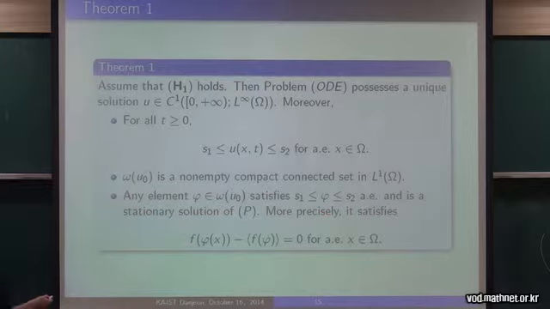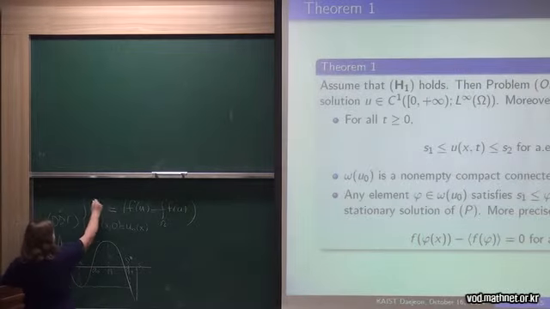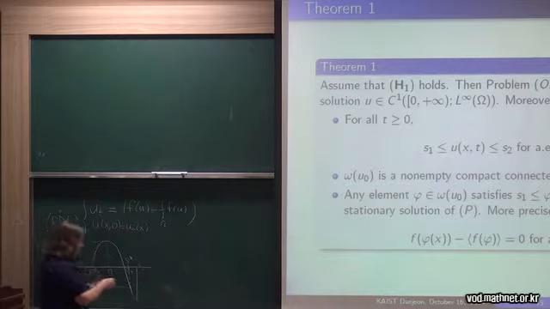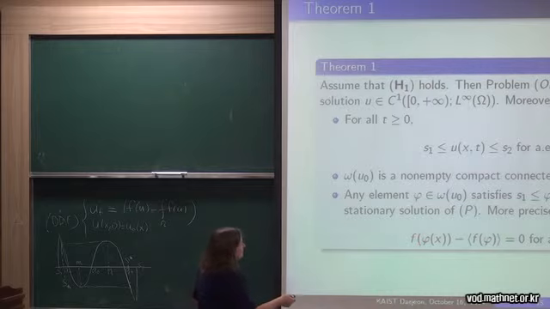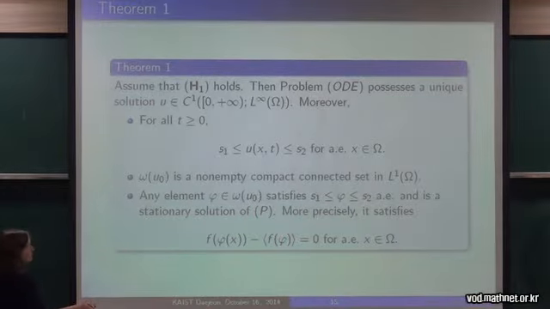And we prove that it is a stationary solution of problem P. So a stationary solution, I obtain formally the equation for the stationary solution by replacing du dt by 0 here. So this is what's happening here. We have f of phi of x equals average of f of phi almost everywhere. So this characterizes stationary solutions of problem P.